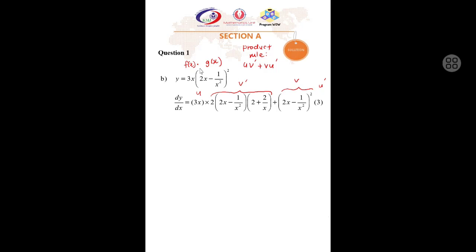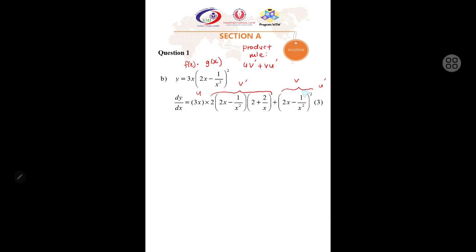First you bring the power to the front, so that's why you have 2 here, and then you copy back the function inside the bracket, which is 2x minus 1 over x squared, and then you subtract 1 from the power. So the power is 2 minus 1, which is 1, and then multiply with the derivative of the inside of the bracket. Differentiate 2x, you will get 2. Differentiate negative 1 over x squared, you will get positive 2 over x cubed, right?